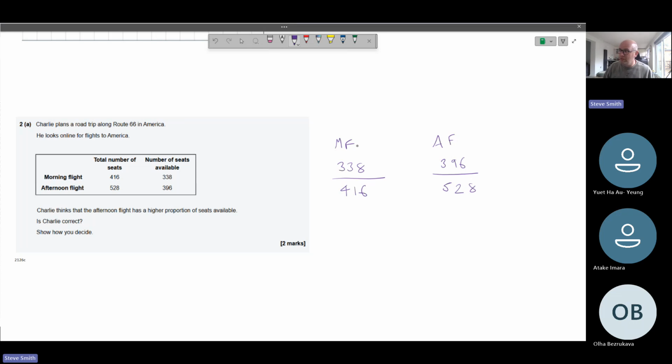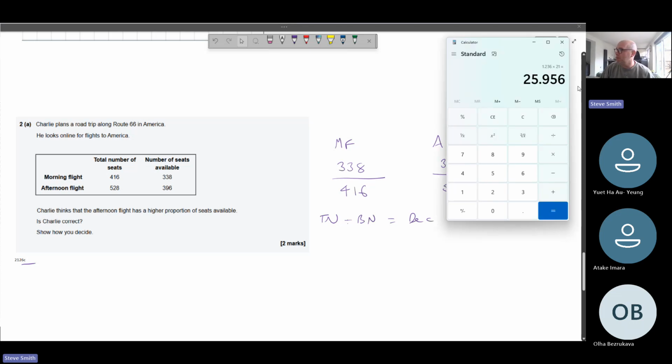We could divide by 2, divide by 2, get them shrinking so we can look at it. But it's a calculator paper. So simply, we're going to go top number divided by bottom number to give us our decimal. Then we can compare straight away. So we've got 2 sums to do. Where's my calculator again? Okay, it's coming.